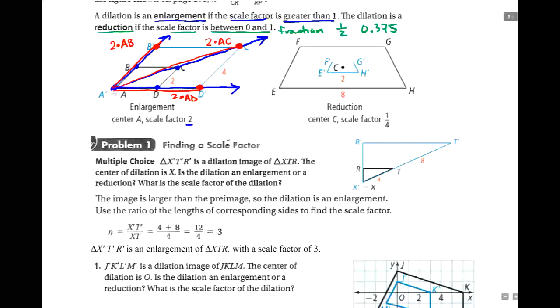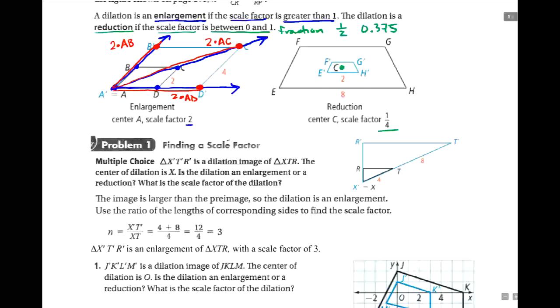All right, let's look at a reduction. We have our pre-image quadrilateral EFGH, and we are using a scale factor of 1/4. And so we find our center C. There are no points on our center, so nobody maps to itself. And then we pick a point.